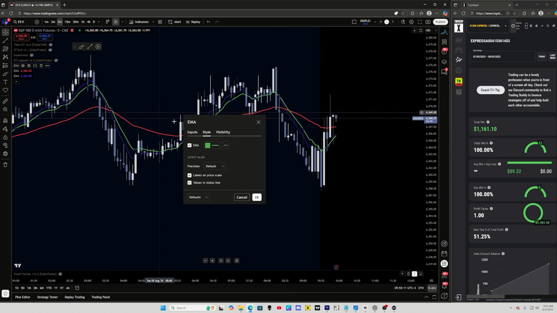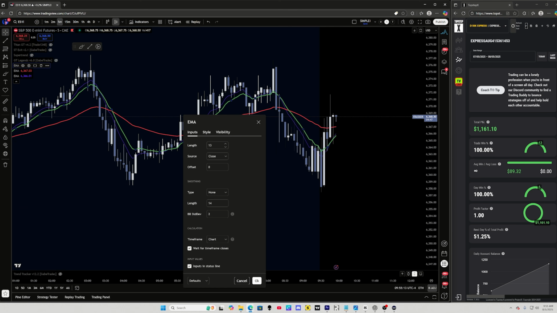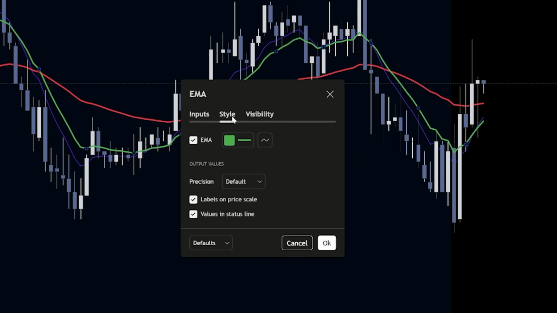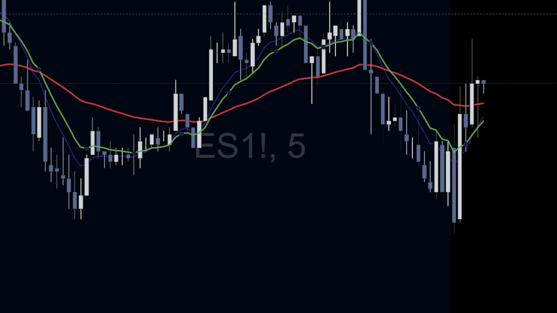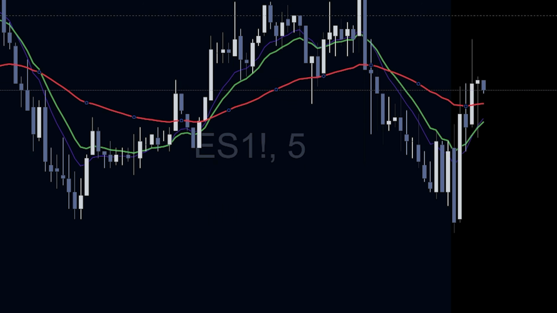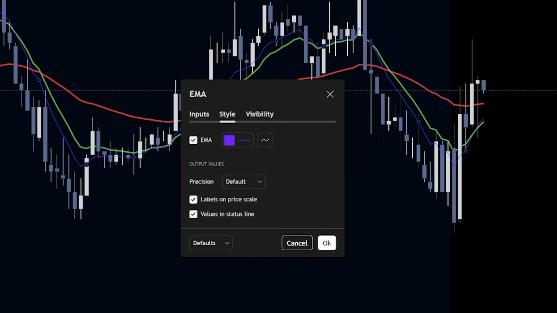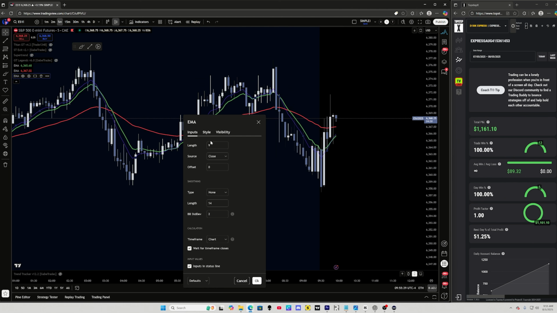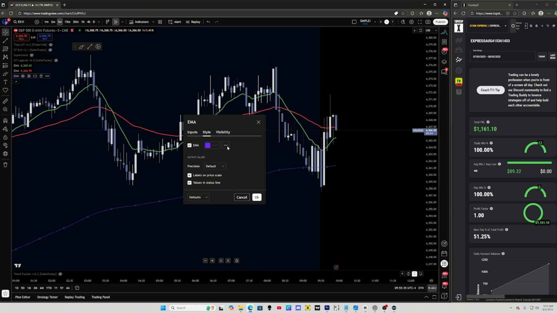The first EMA is going to have 13, and I changed that to green. The second EMA is the 48, and I changed this to red. Now the third EMA, I need a trend governor. So I'm going to change this to 200, and I'm going to make it thick.